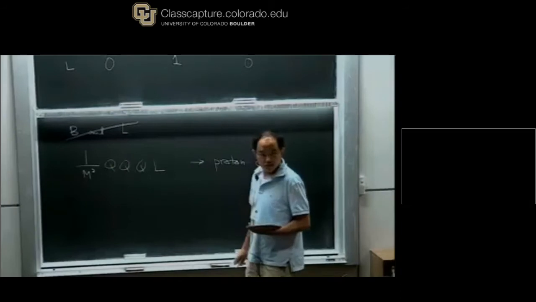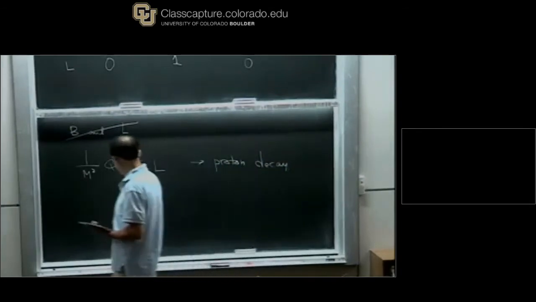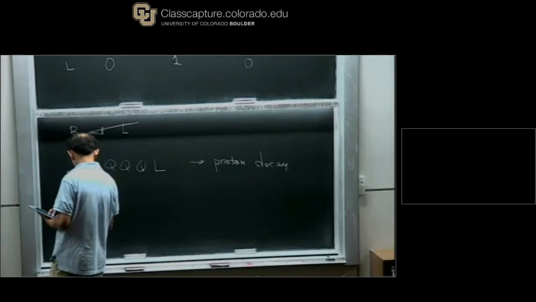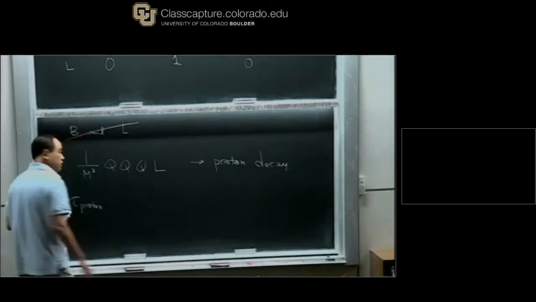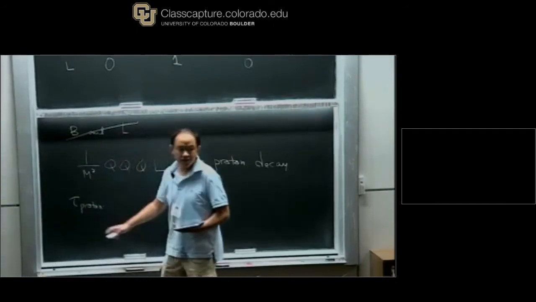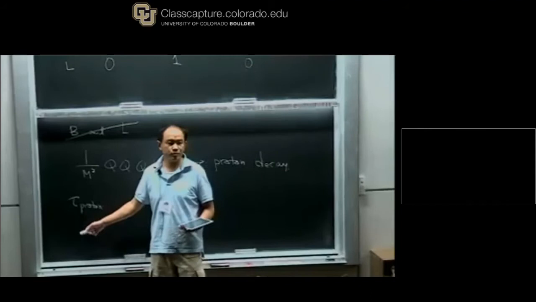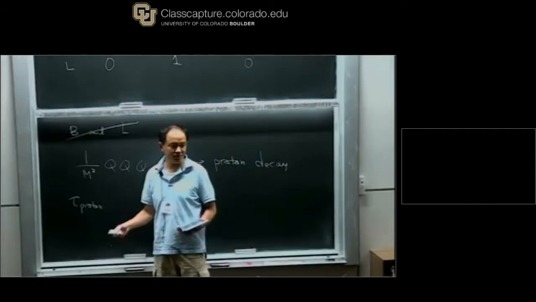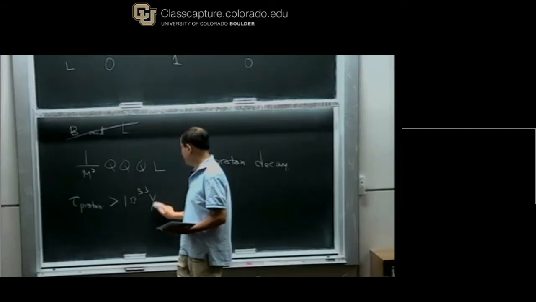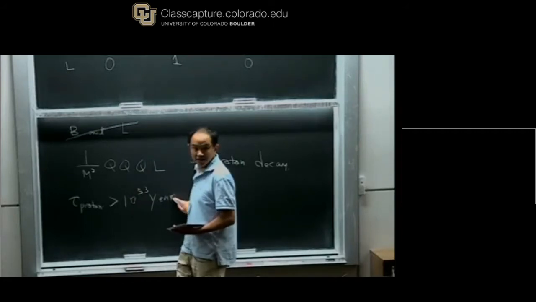Okay. And the limit on the proton decay lifetime. So by the way, this is what they do. You get a swimming pool, because you will never wait for such a long time, right?